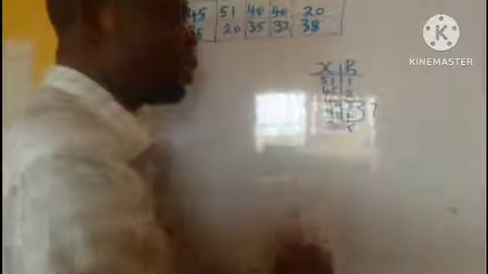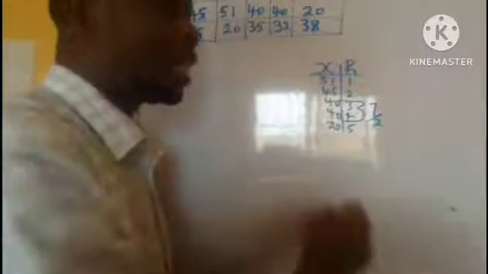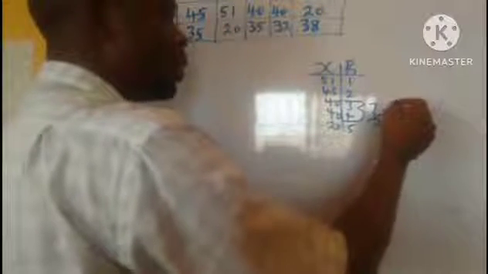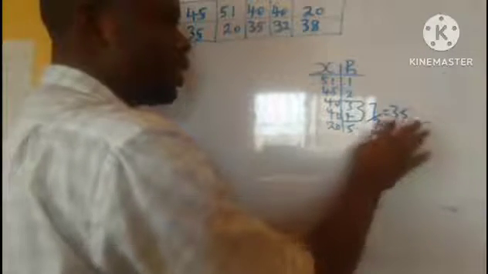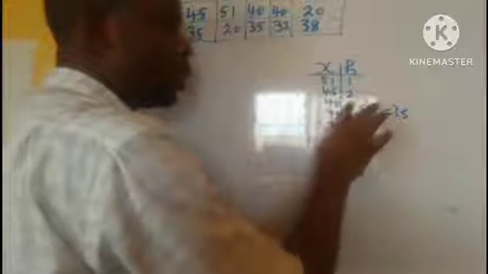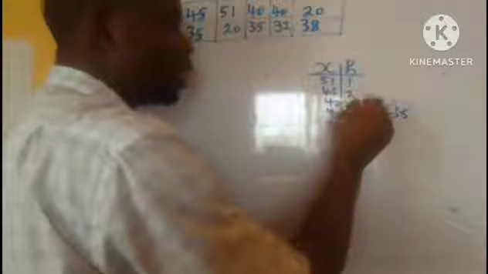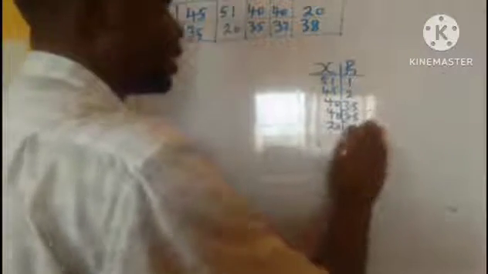So 40 repeats itself two times, make it over 2. If it repeats itself 3 times, make it over 3. So 7 divided by 2 gives us 3.5. This is the value we are going to use for the rank of these two. So I can now change it, I'll put here 3.5, 3.5. I hope you understand that.